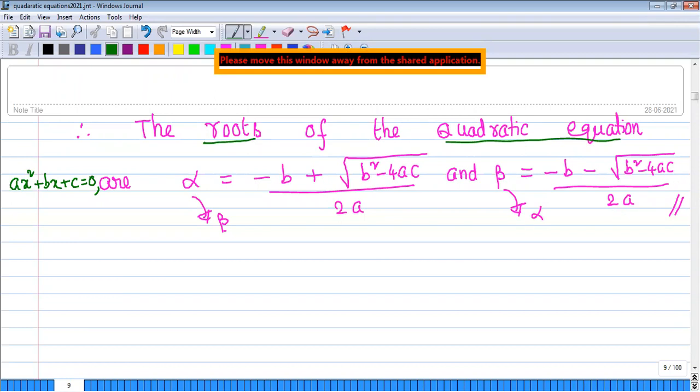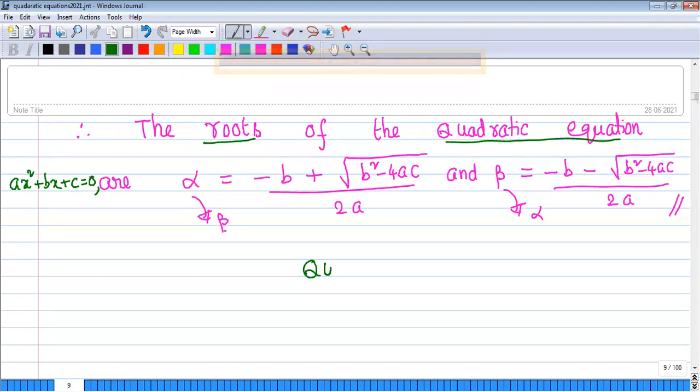That we have discussed in the last session. Okay, now let us do some examples today based on this formula. This formula is also called the quadratic formula.